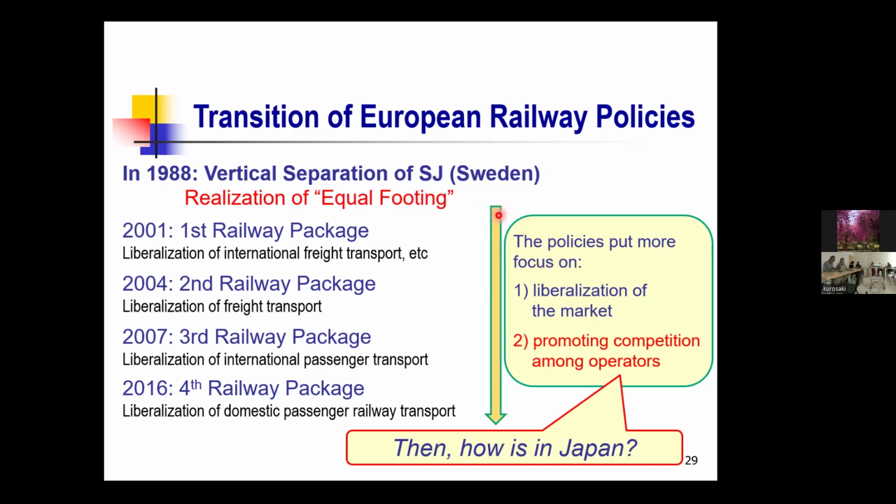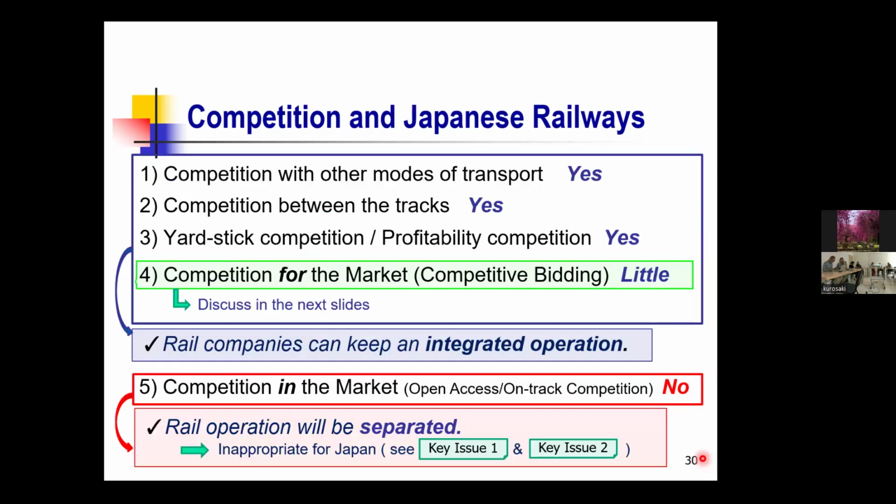Then, during the discussion in the EU, the EU started to put a focus on promoting competition among different operators. And I would like to investigate competition issues in Japan. When we discuss competition, we have to be very careful what kind of competition we try to introduce in the railway sector.